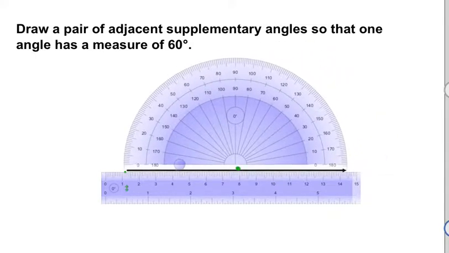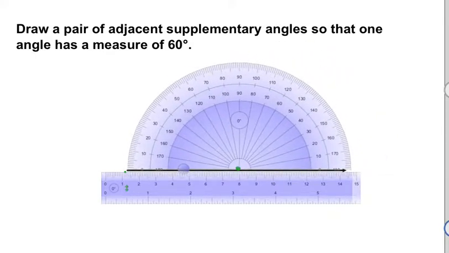You have to draw supplementary angles. So you know the two angles have to equal 180 degrees. And one of the angles, according to the instruction, has to be 60 degrees.